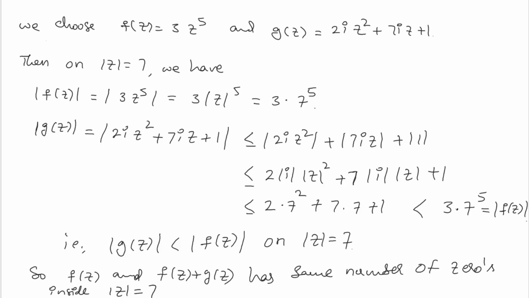And we can see the number of zeros of the function f of z, since it is 3z to the power of 5, all the roots of this polynomial 3z to the power of 5 is the origin only, which is repeated 5 times, that is the multiplicity.